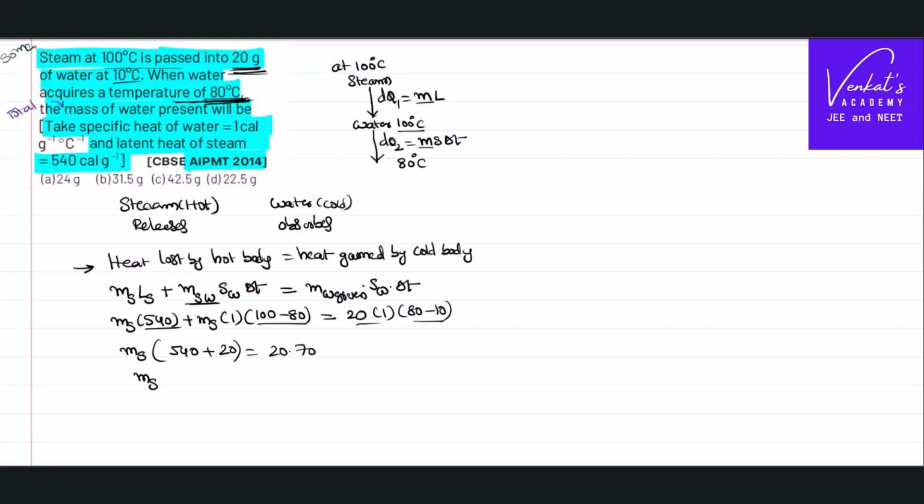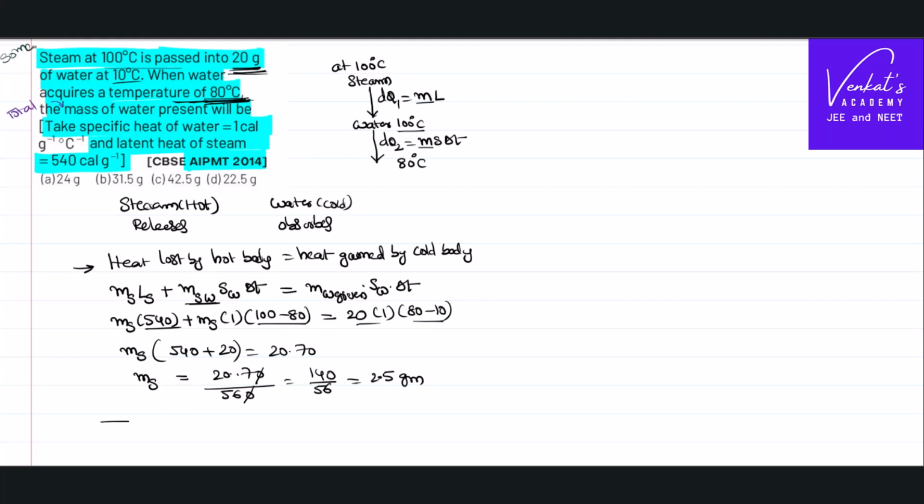So the mass of the steam that is contributing for all this is 20 into 70 by 560. So these two can be cancelled. So 20 into 7, 140 by 56, that is 2.5 grams. So what is this?